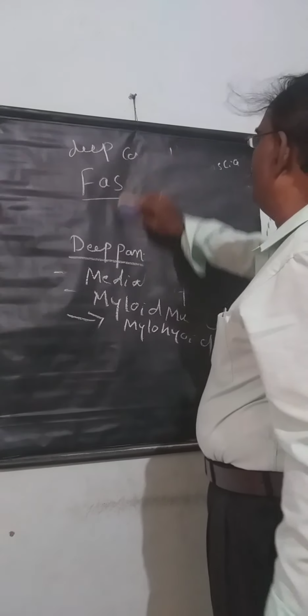Now we'll see, as I told you, it has two parts, the superficial part and the deep part. Now we'll see about the superficial part. The superficial part is larger.